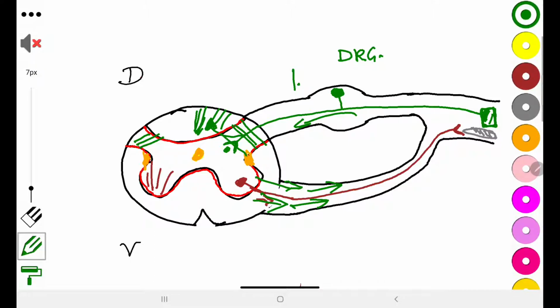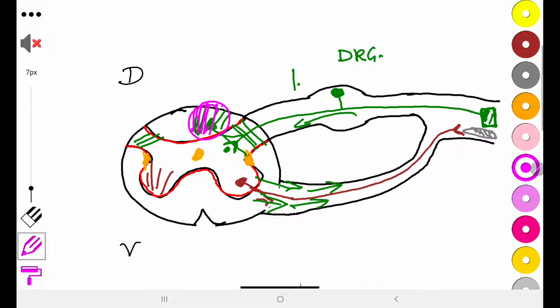Basically, it's so that we understand what would happen if there was a lesion in any one of these areas. We would know where exactly sensation would not be coming from. So if you had a lesion happening there, if this is the center, then you would know what is happening. By the way, we have this fissure down here.